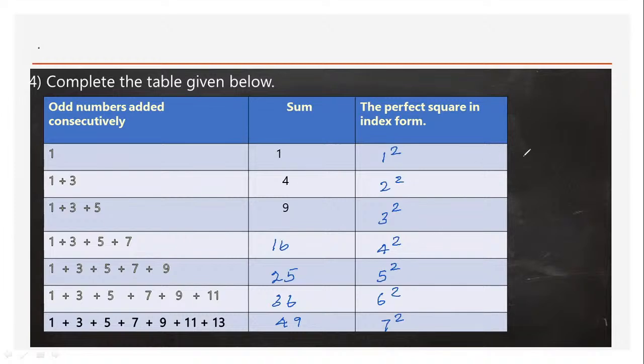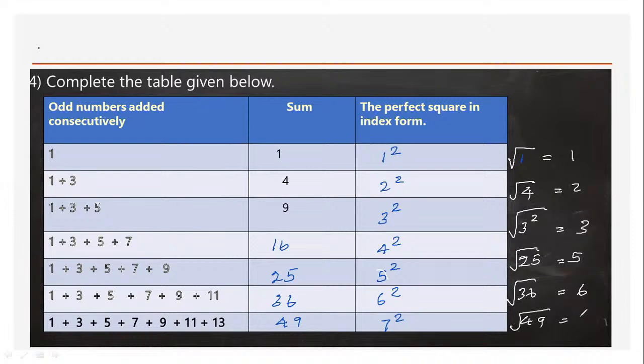On the other hand, if you want to find the square root of this, it is easy. 1 squared is 1, so the root of 1 is 1. 4 square root, the root is 2. 9 square root, the root is 3. 25, the root is 5, so you can write the answer 5. 36 square root is 6. 49 is 7.